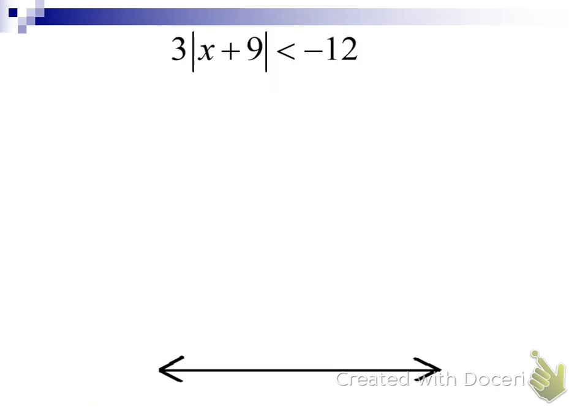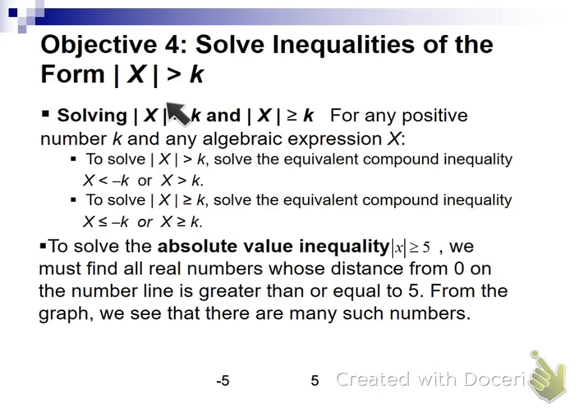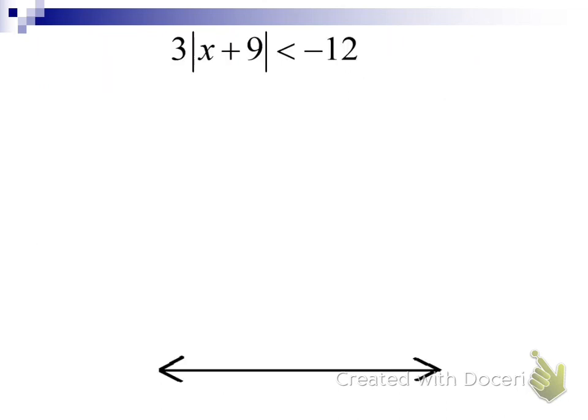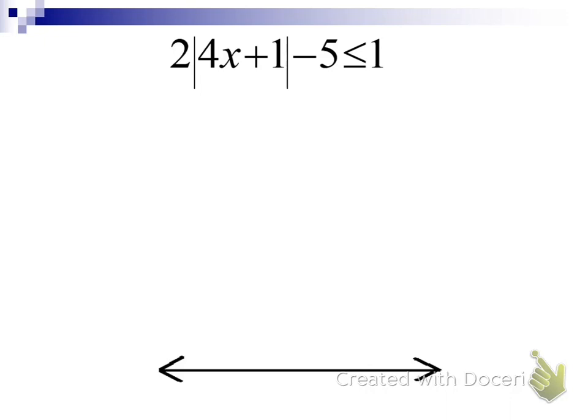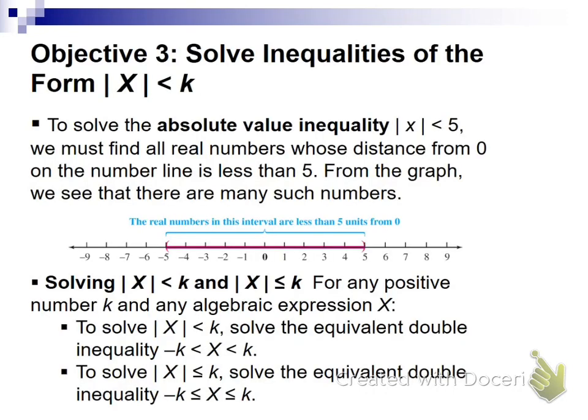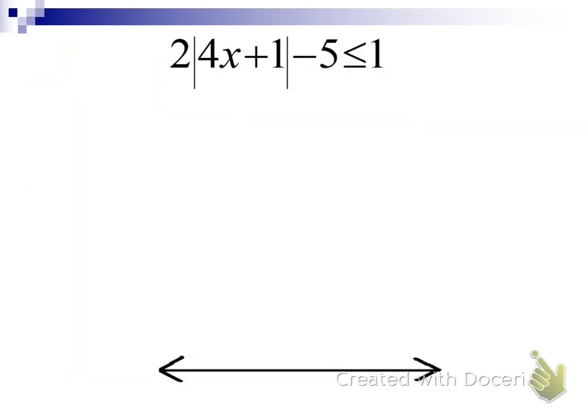Objective number 4 is going to recognize an absolute value greater than is a compound inequality of the essence or. I always tell students this. Listen to me, please. Less than and, greater or. Less than and, greater or. Can you remember that? We'll see.